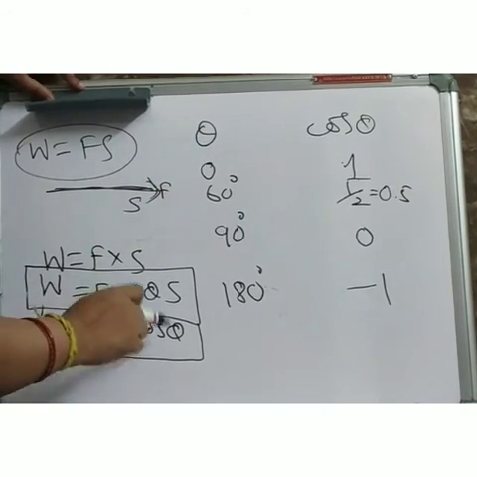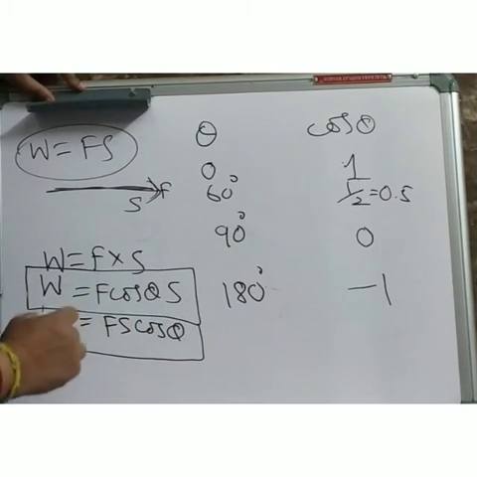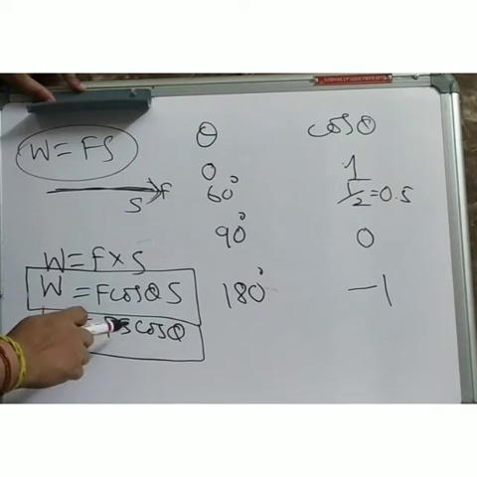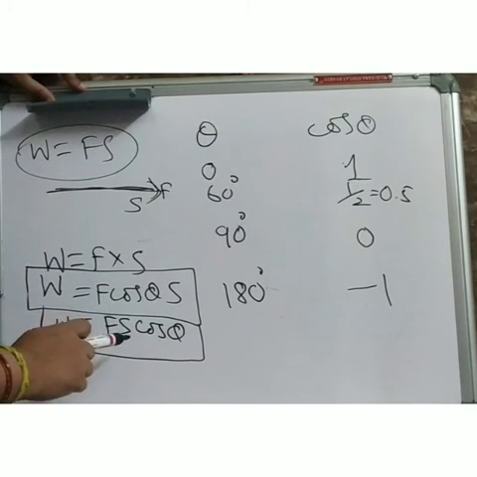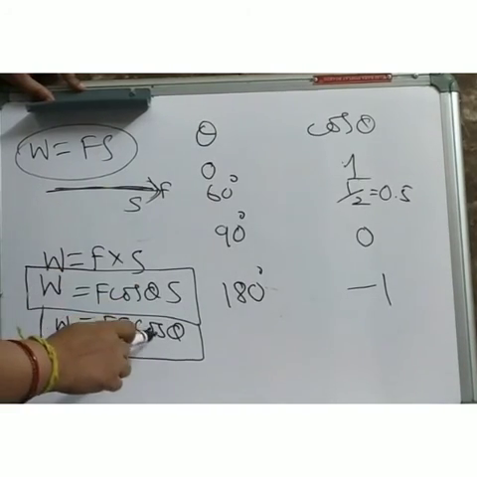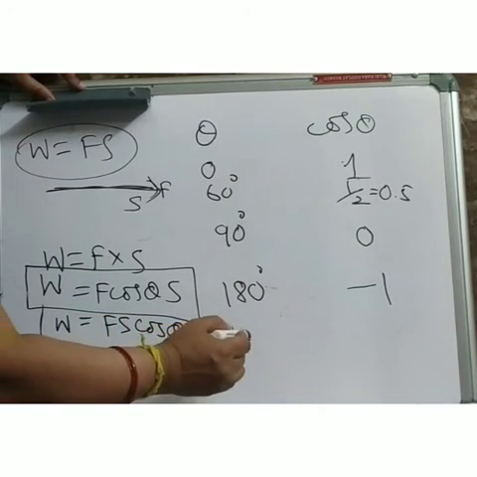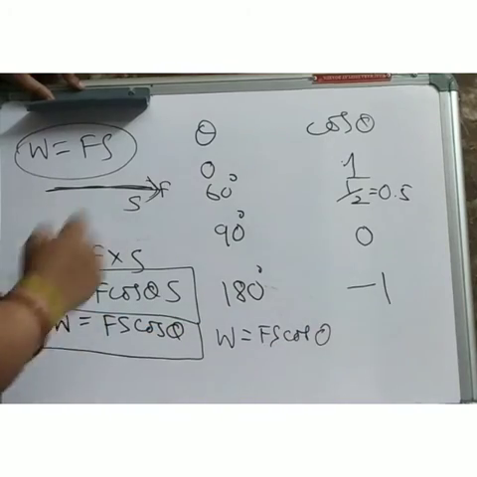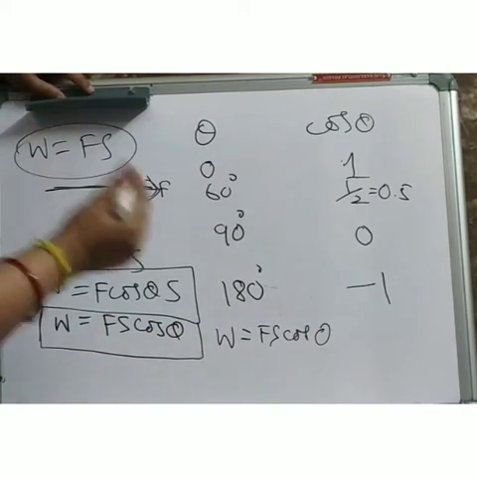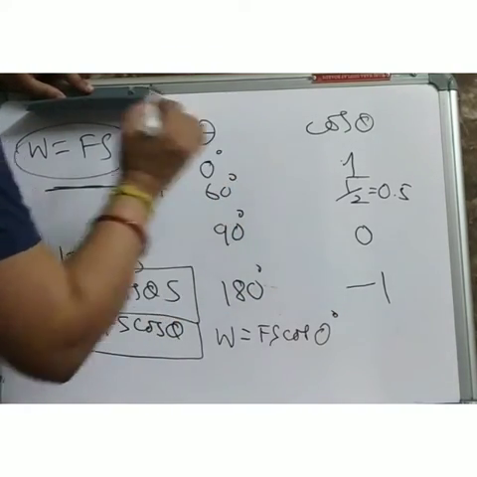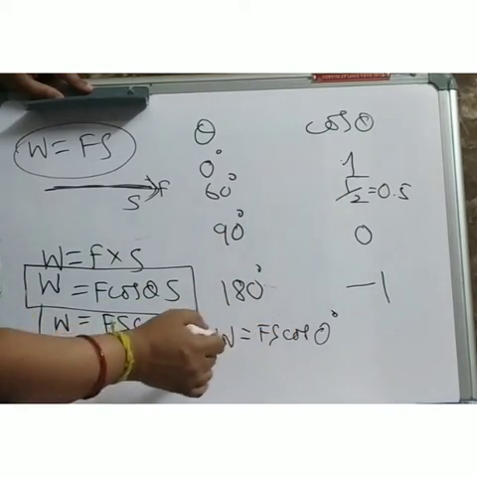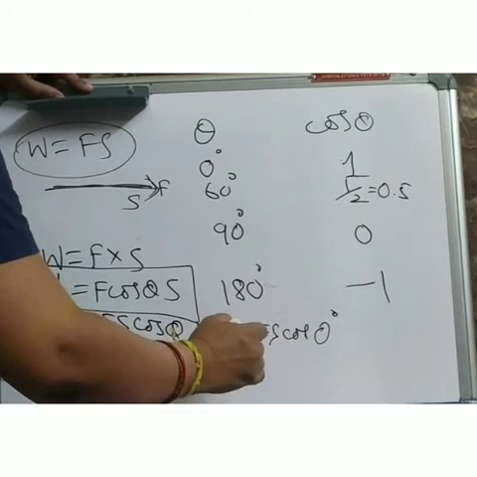So F S cos theta. Since the angle theta is 0, F and S are both in the same direction, so cos 0 is 1. So W is equal to F S cos 0. When both are in the same direction, 0 degree, cos 0 is 1. So W becomes F S.